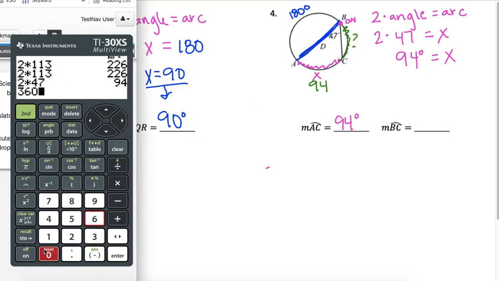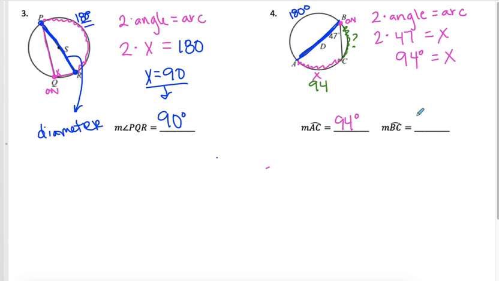So I can take 360, the whole thing, and subtract the 180 from the diameter, subtract the 94 from our angle there, and we get 86. Or I could have said, I have half a circle on this side, subtract 94, get the same 86. Either way, using those arc measurements that we did in our last unit helps us find the measurement there.